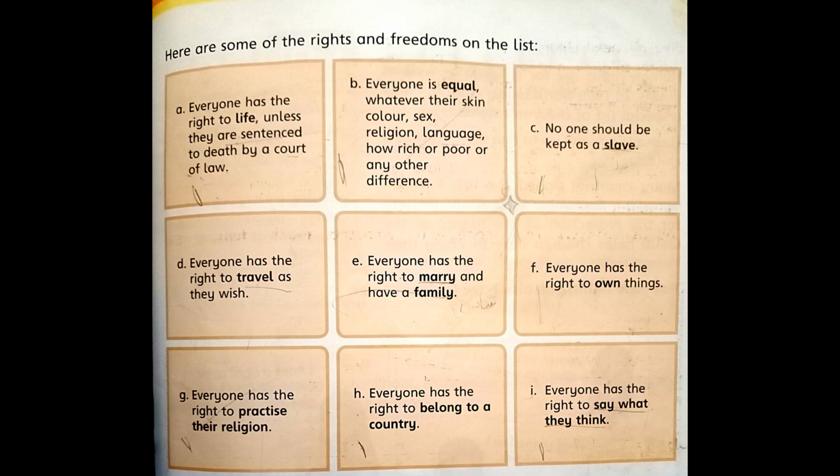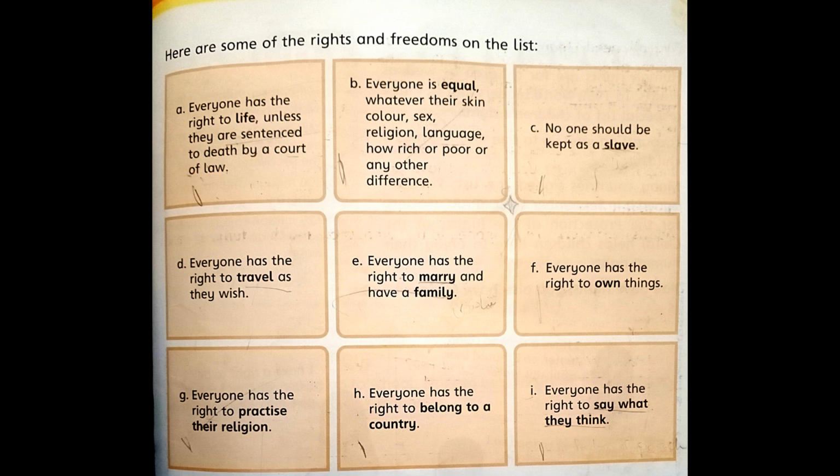And students, do you know what these rights and freedoms are? Everyone has the right to life unless they are sentenced to death by a court of law. Everyone has the right to travel as they wish. Everyone is equal whatever their skin color, sex, religion, language, how rich or poor, or any other difference.